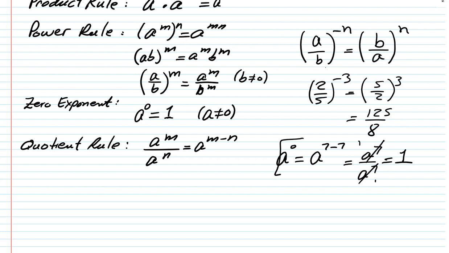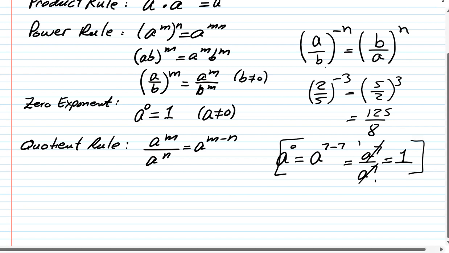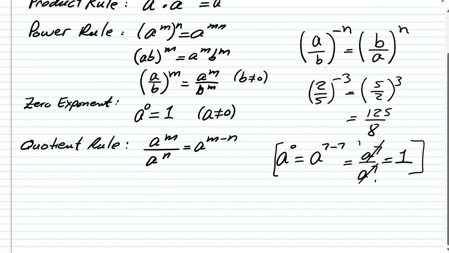And therefore, we just showed a to 0 is 1. Okay, and that is what we wanted to show here. So this follows the same proof. If you change n here to m, then the proof follows very easily from that.